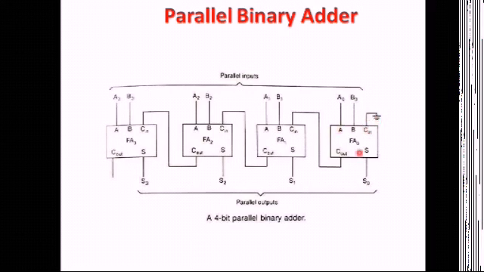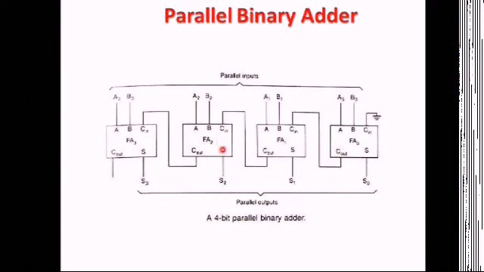The output of this full adder is S0 and Cout. Now Cout will be going as the carry in the next full adder. This is Cin again, so this is A1, B1 and Cin. The output here is S1 and this is the Cout. Now this Cout will be going as the Cin in the next full adder, and there are two inputs, A2 and B2.